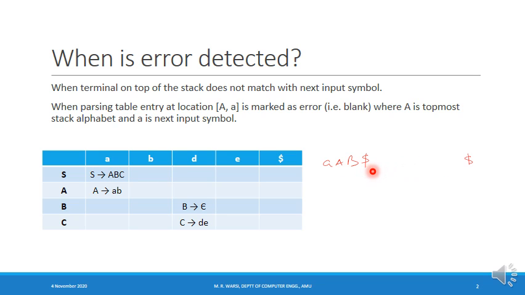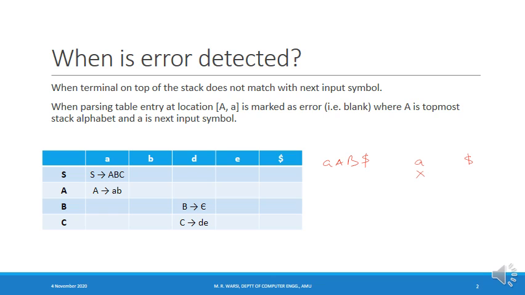So in this state, if the next input symbol is a small a, this is okay. But if the next input symbol is not a small a, then this is generating the error. So there's one condition which generates error during the predictive parsing.